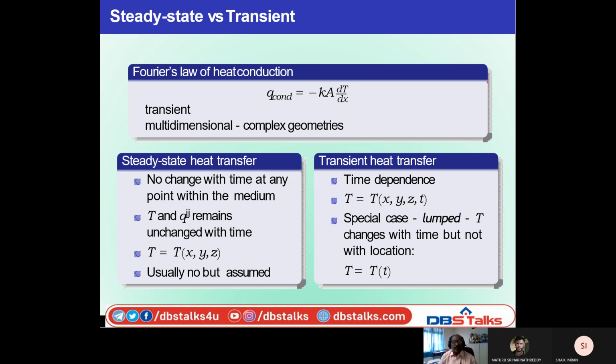Using this Fourier's equation, we can calculate heat transfer by conduction. What is this? Q equal to minus kA into dT by dx. Q equal to minus kA into dT by dx.